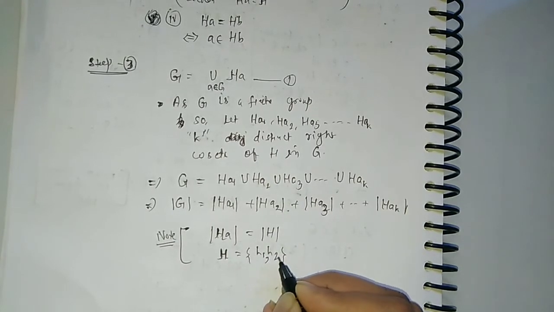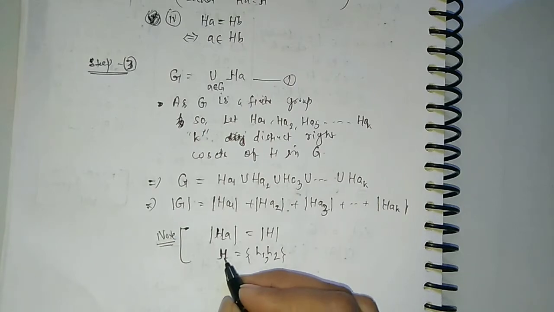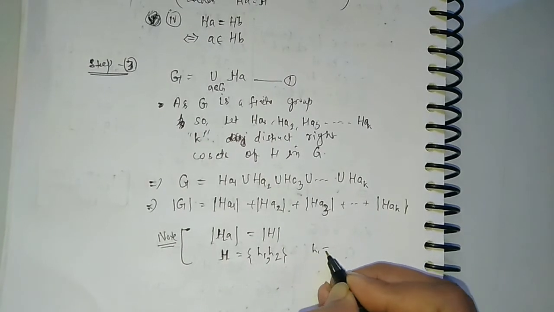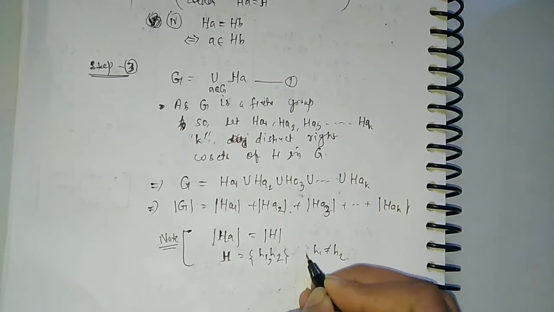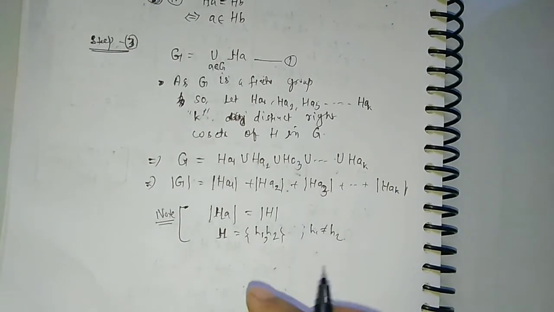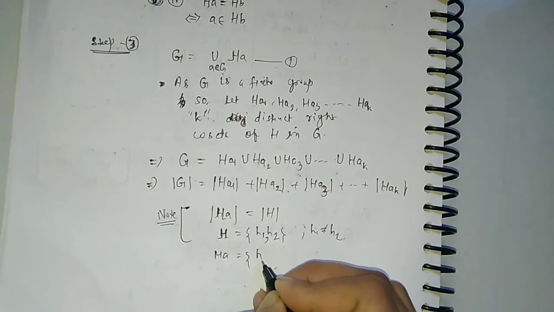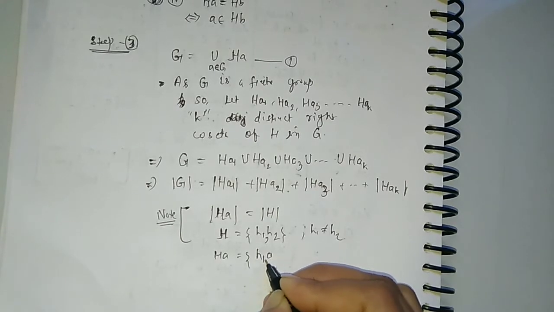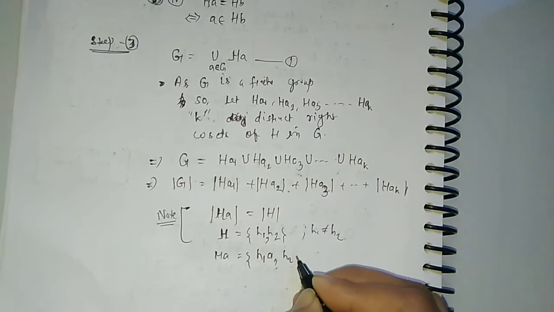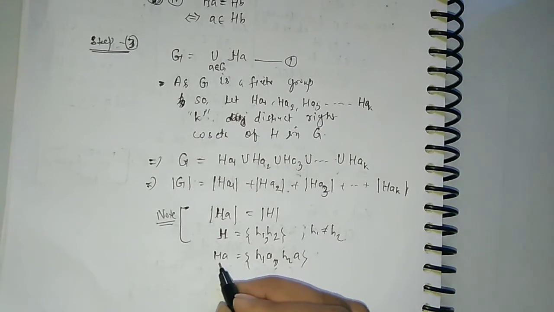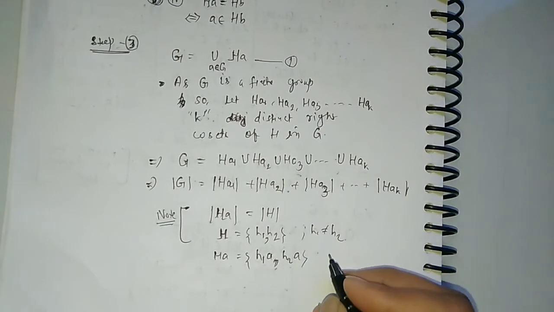There exist two elements in this subgroup where H1 is not equal to H2. Then the right coset HA will be equal to {H1A, H2A}. So these are the two elements from the right coset HA.